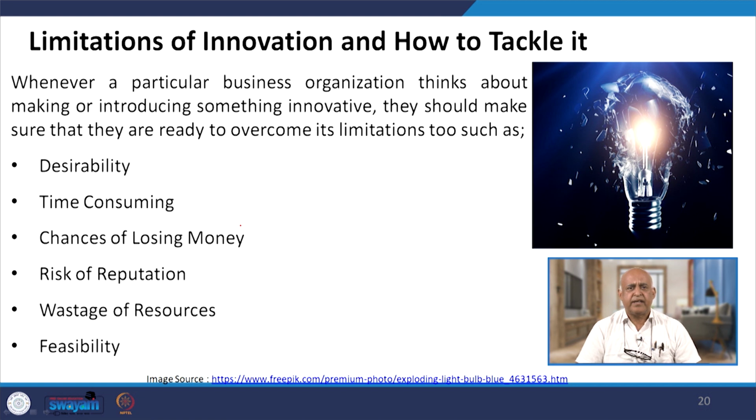So, here we find that they are ready to overcome the limitations of desirability and time consuming, because every innovation will take time, and then in the market, whenever you are having that competition, are you reaching at the right time for that particular competition, or is there an investment of money?